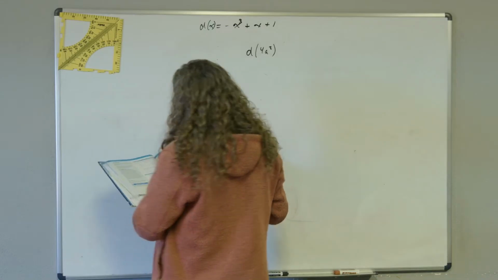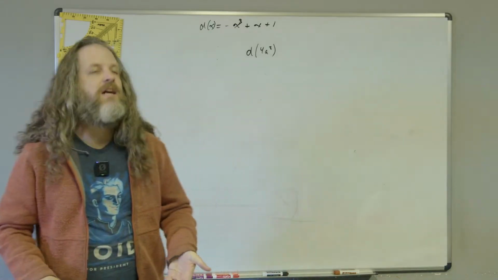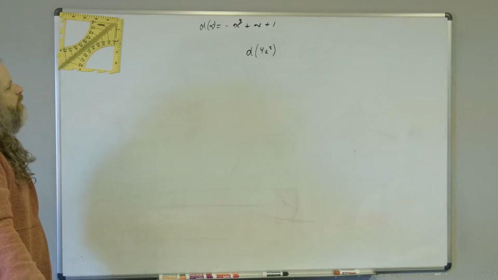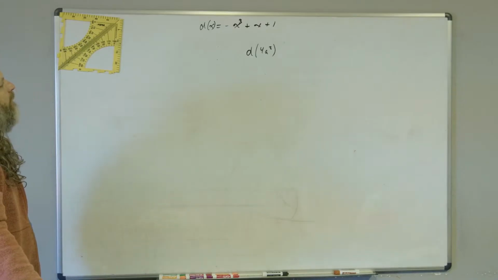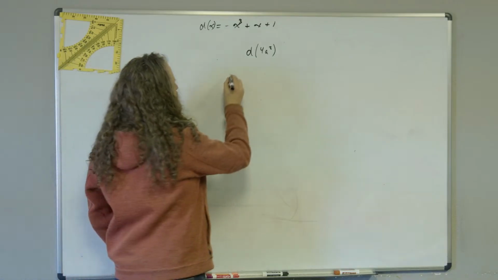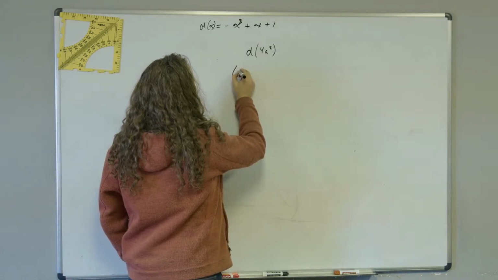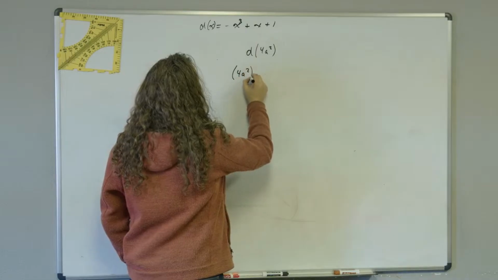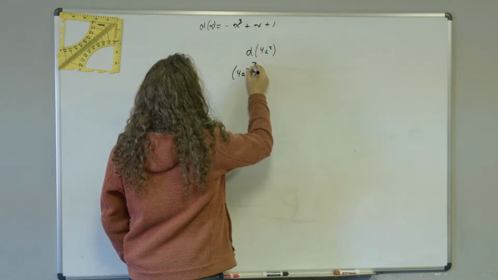It also gives us c of x, but since we're looking for d of whatever, we don't care, right? So what do we do now? Substitute 4a squared wherever there's an x.